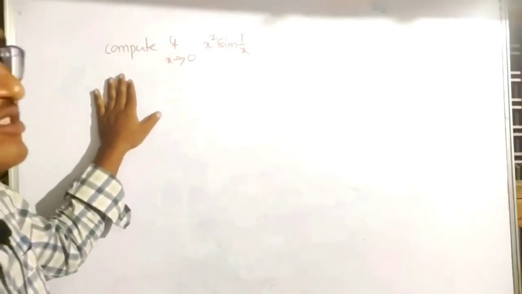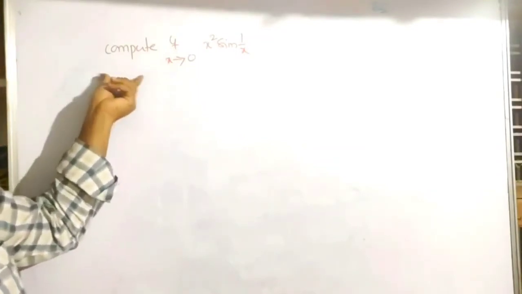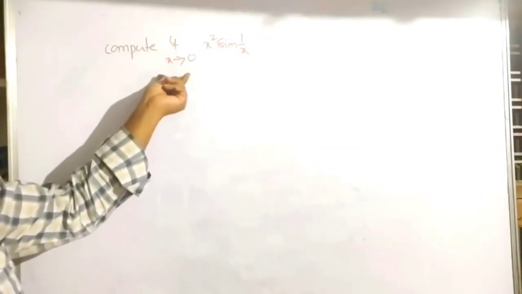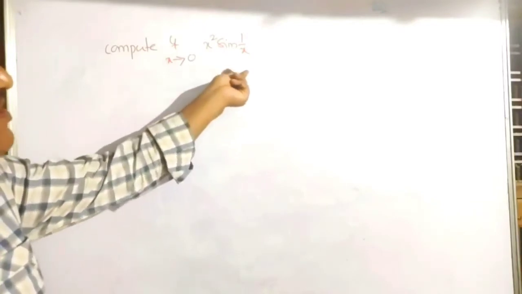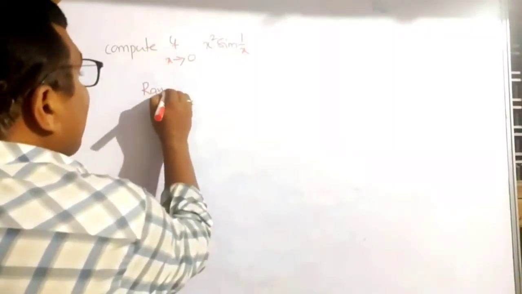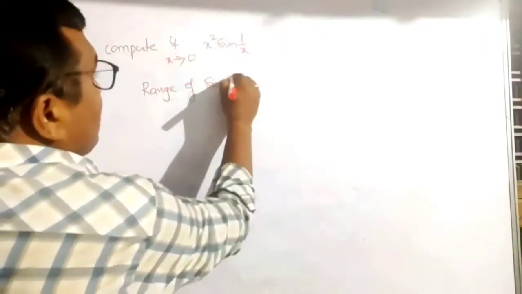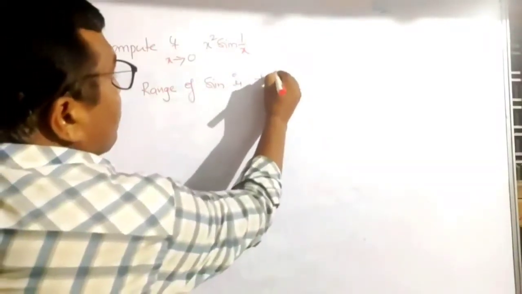Okay, based on the sandwich theorem, we have to find the answer. Compute the limit as x approaches 0 of x square sine 1 by x. So we know that the range of sine is -1 to +1.